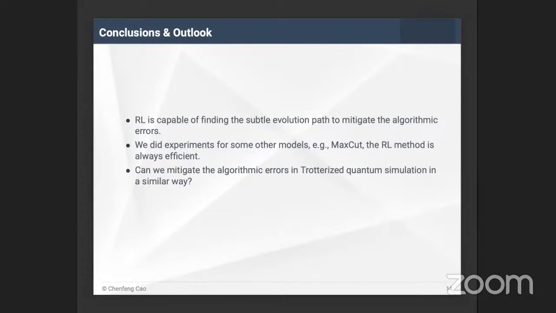Although the results are not shown here, the reinforcement learning steered QIT method always works. An open question is, can we mitigate the algorithmic errors in other problems, such as quantum simulation, in a similar way? I think there are many things to be done in the application of reinforcement learning in quantum computing.